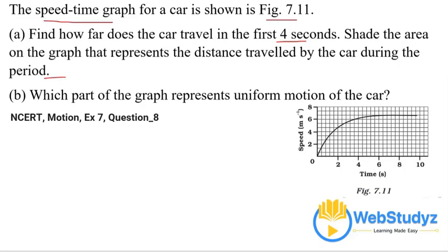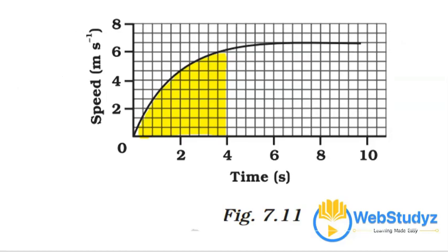So in part A, it has been asked that how far does the car travel in first 4 seconds. So we will have a close-up of this graph, that is first 4 seconds starting from origin, that is 0 to the 4th second. We will shade this graph because we have been asked about the distance traveled in first 4 seconds.